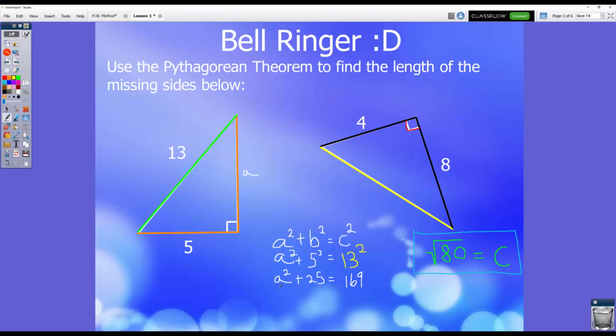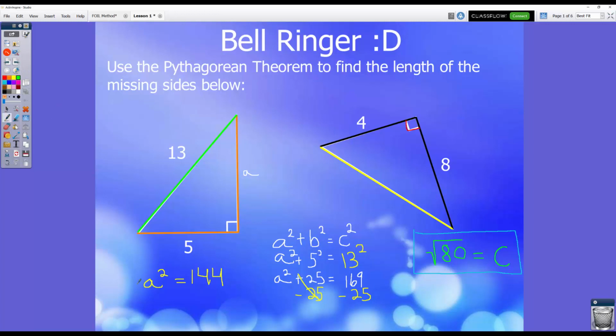Next, before we can take the square root of both sides to get rid of that a squared, we have to get a squared by itself. So we have to cancel out this positive 25 by subtracting 25 from both sides. That cancels out. And then we get a squared equals 169 minus 25, which is 144.